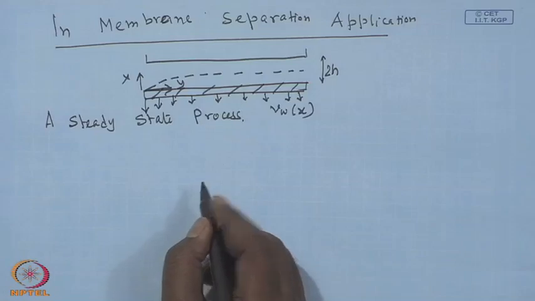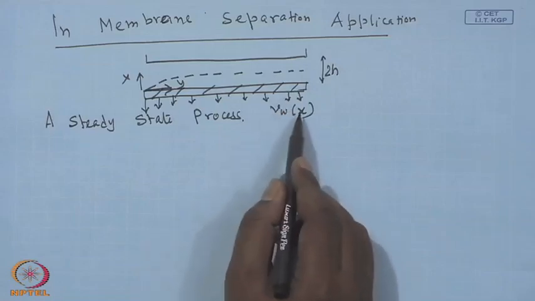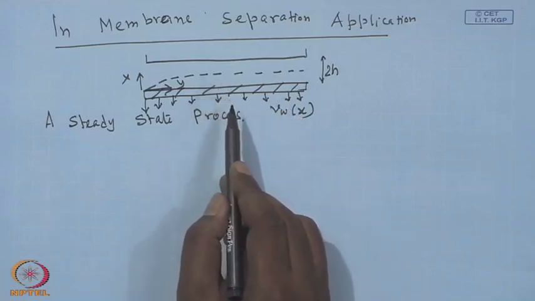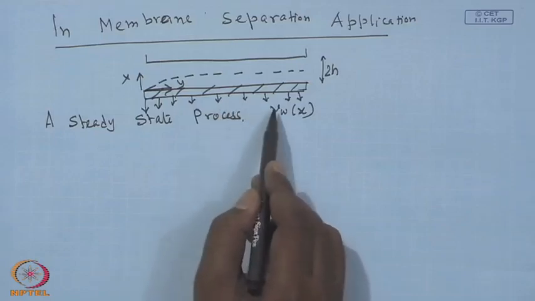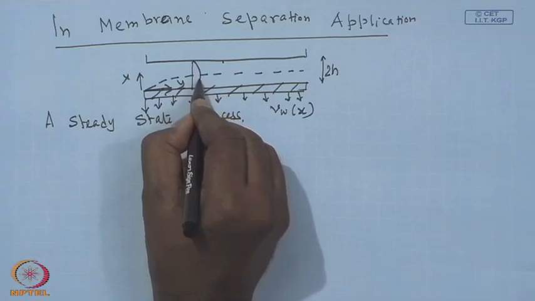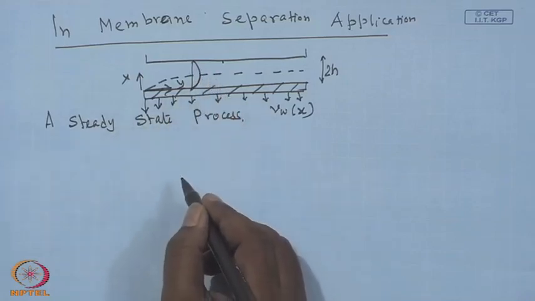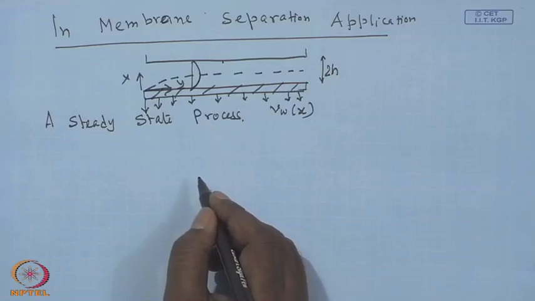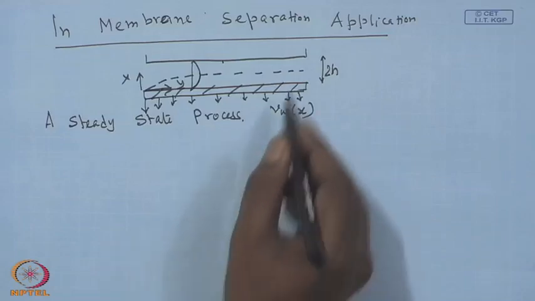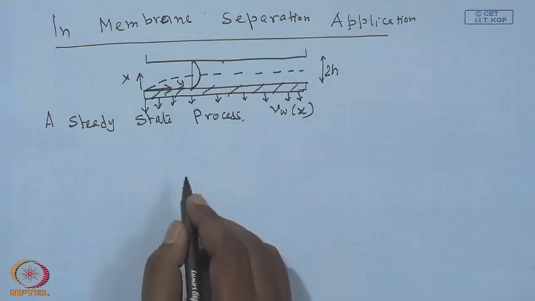Next, we assume that the axial velocity is an order of magnitude higher compared to the permeation velocity. Therefore, we assume that the laminar velocity profile remains undistorted because of the suction at the wall, so this profile remains still laminar. What we do next is find out the concentration profile in this mass transfer boundary layer or concentration boundary layer.